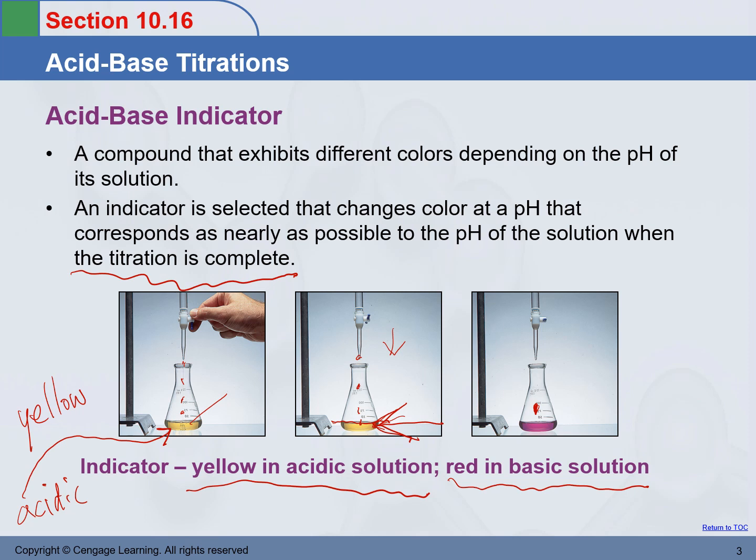So that one drop is not going to make a difference. I'm sorry, did I make this whole process clear to you? So you use an acid-base indicator to help you decide when to stop the titration process.